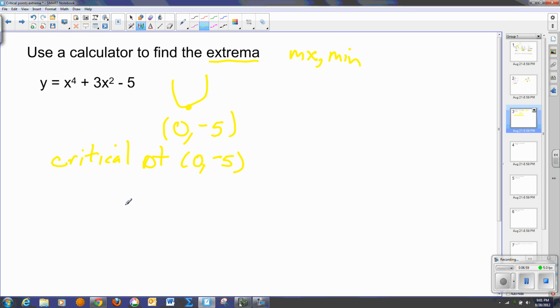And I have a minimum, because it is the lowest point, of negative 5 at 0. That negative 5 value represents a y. Where it happens is the x value.